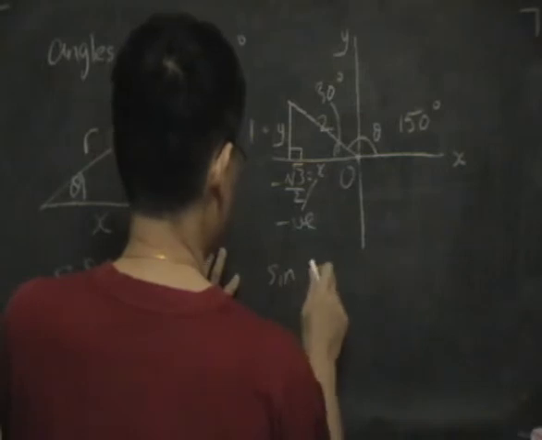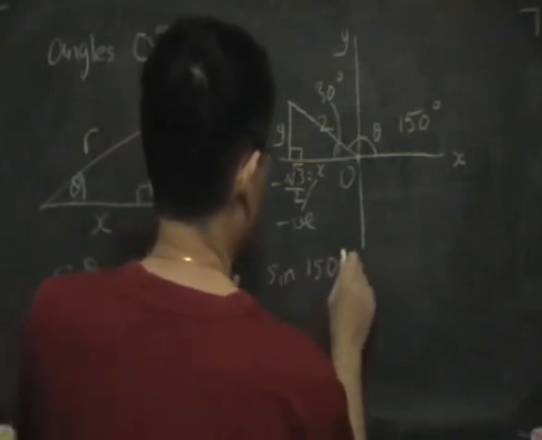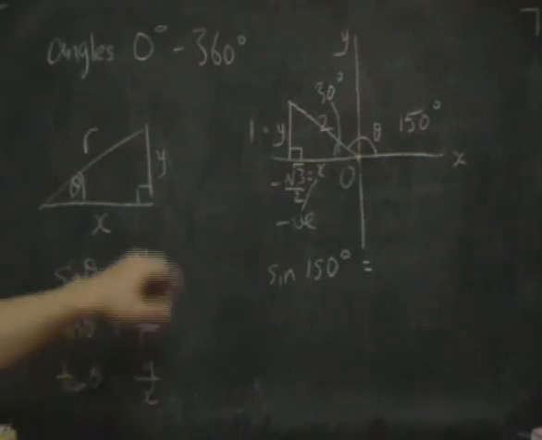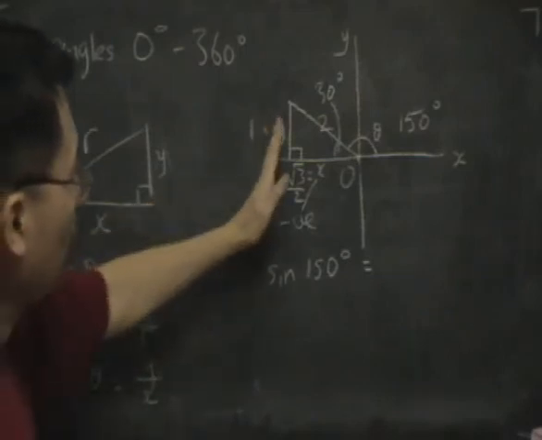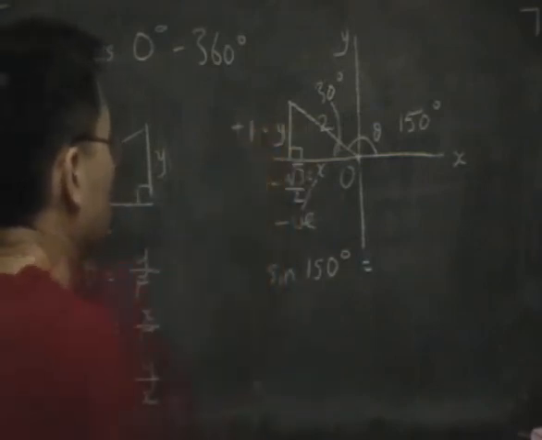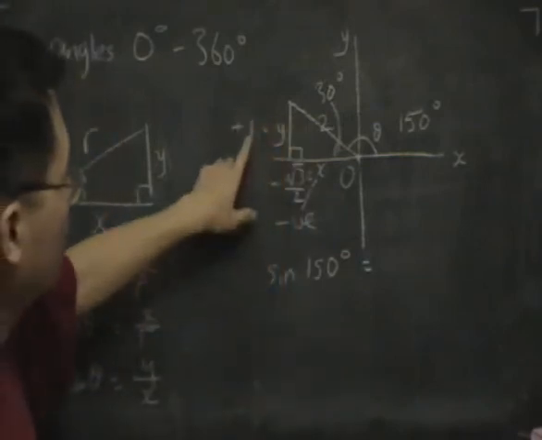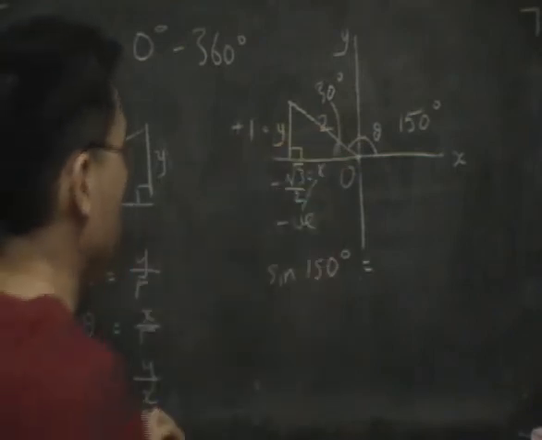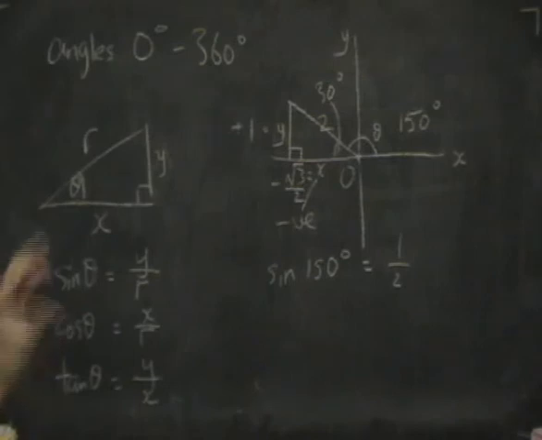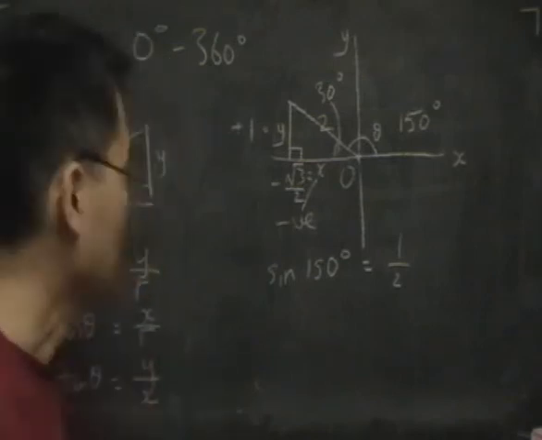So sine of 150 degrees is y over r. In this case, y is pointing up, so the value of y is positive, and I have 1 over 2 as the answer for sine 150 degrees.